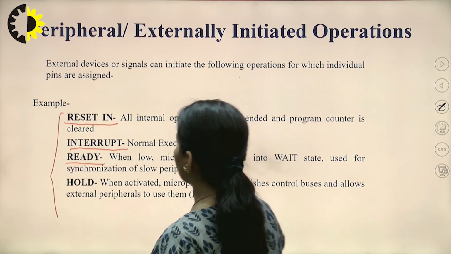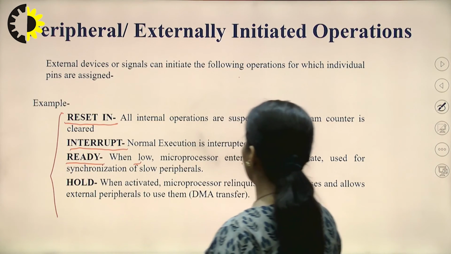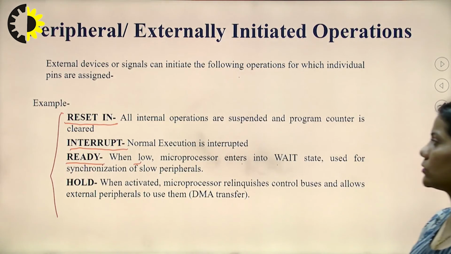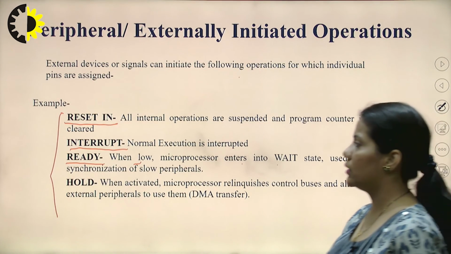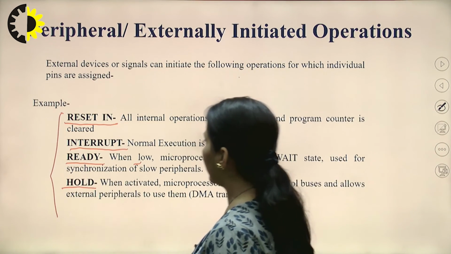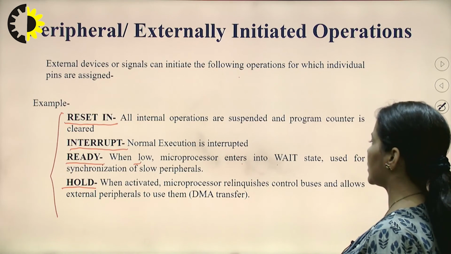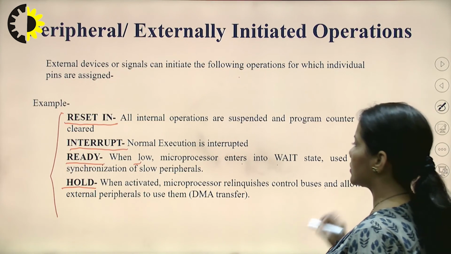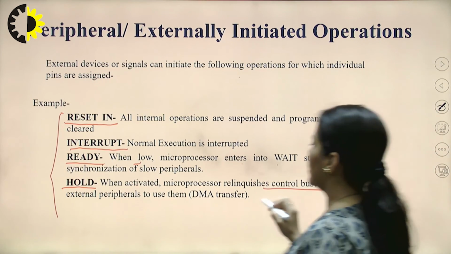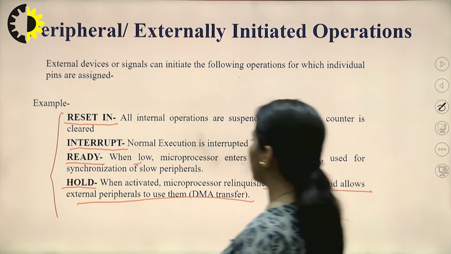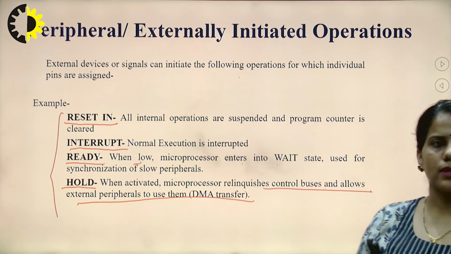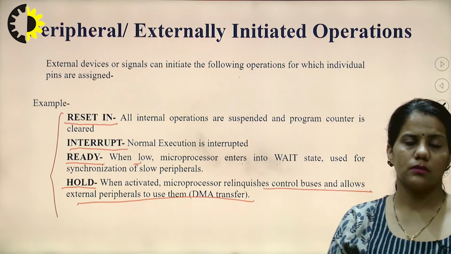Ready is another signal: when it is low, the microprocessor enters into a wait state, used for synchronization of slow peripherals. Hold: when activated, the microprocessor relinquishes the control buses and allows external peripherals to use them, that is the DMA transfer. So, these are the externally initiated operations.